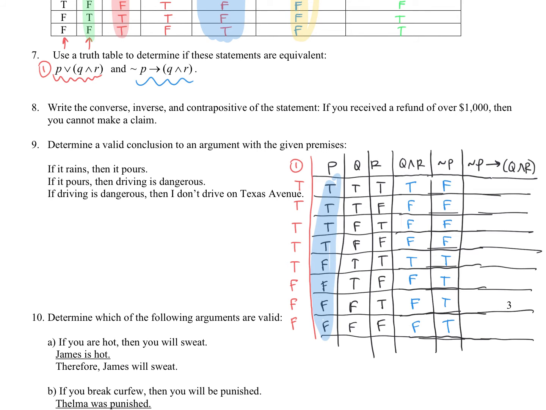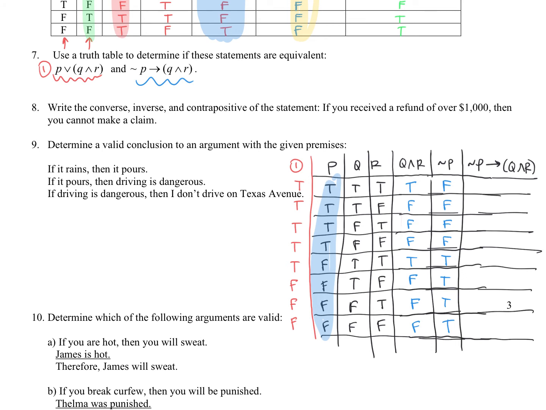And now we want to know what we will get if we say not P implies Q and R. So this conditional statement is only false if the antecedent is true and the consequent is false.